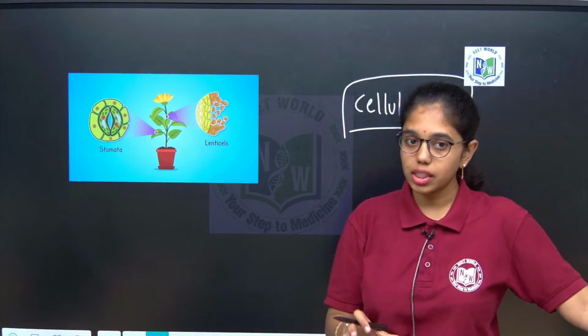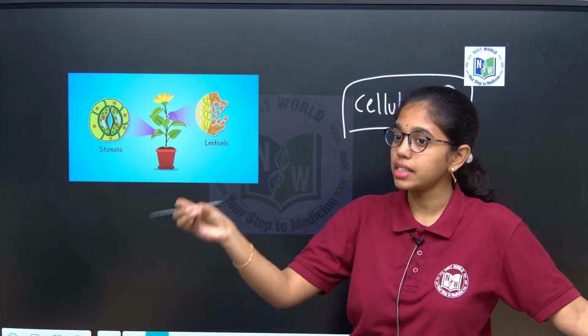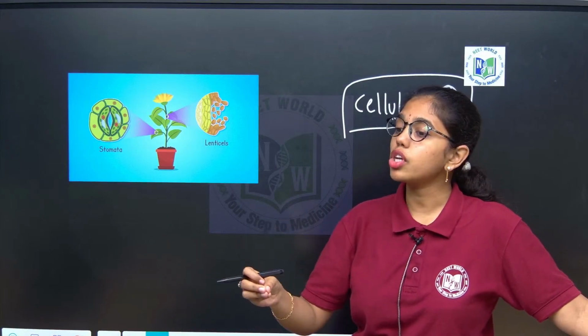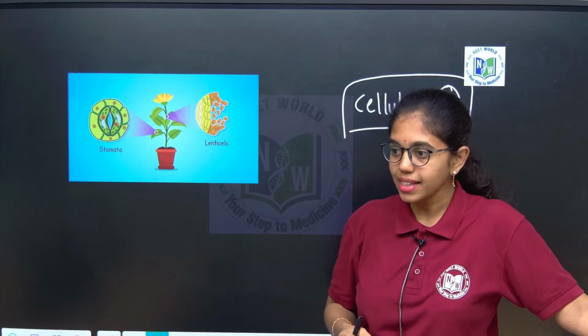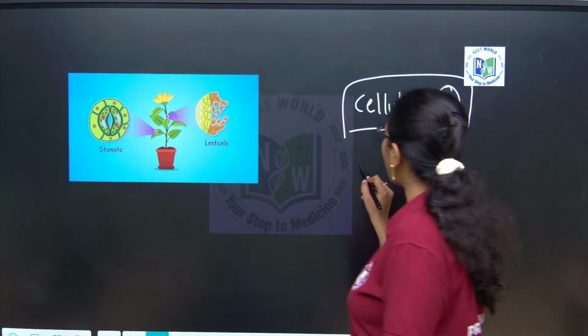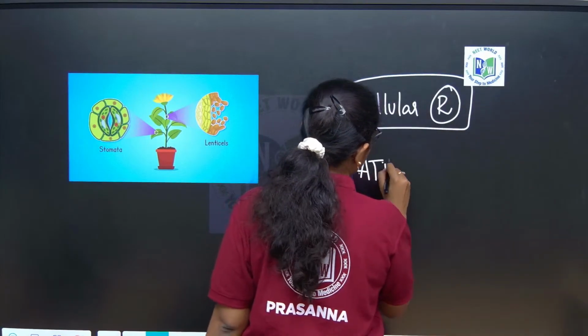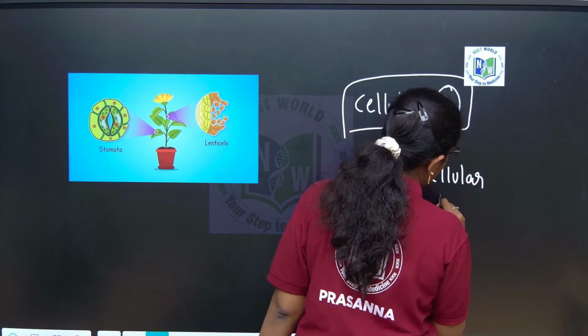Oxidation of macromolecules or respiratory substrates inside a cell and release of ATP or the energy inside the cell is called cellular respiration. And ATP is called what? Cellular energy.